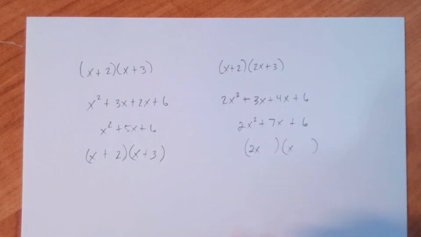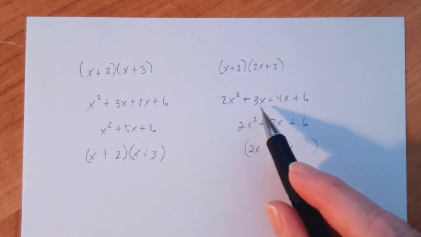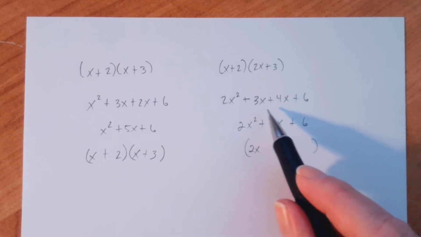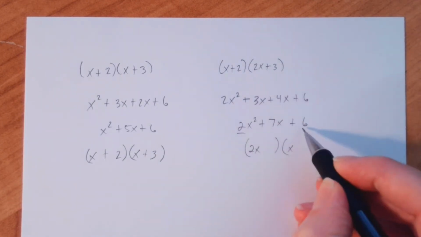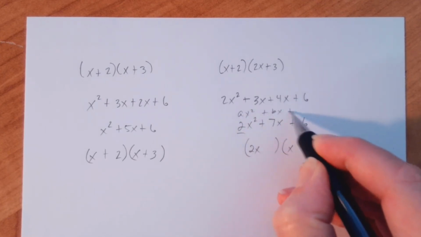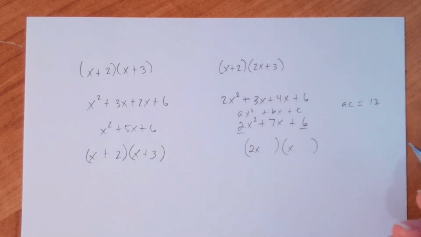Where do we get the 7x here? Well, notice that was 3x plus 4x. It turns out there is a pattern here, but it's not obvious at first glance. But notice my a and my c here. Remember, it's ax squared plus bx plus c. In this case, ac is 12.